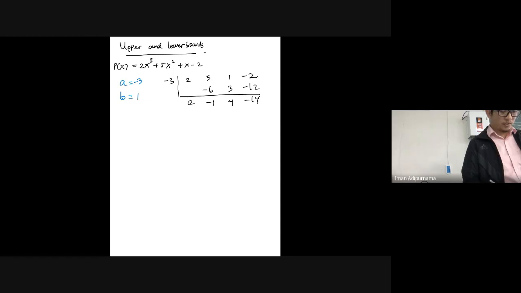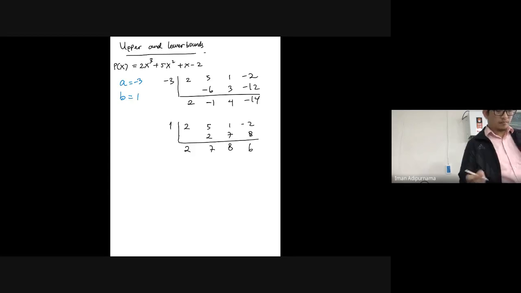This is the first case, and for the second case I will check b equals 1. It's 2, 7, 8, and 6, all positive. So from the first case and the second case, when you divide by -3 and when you divide by 1, you see the results.